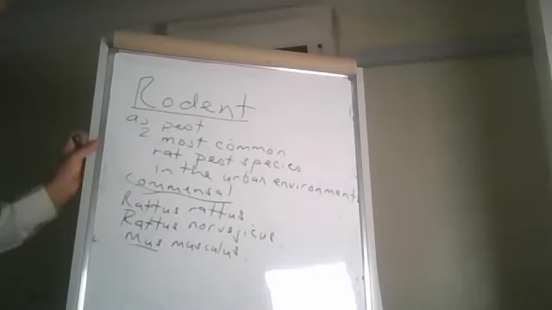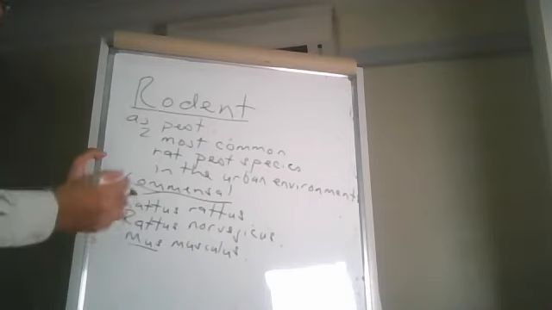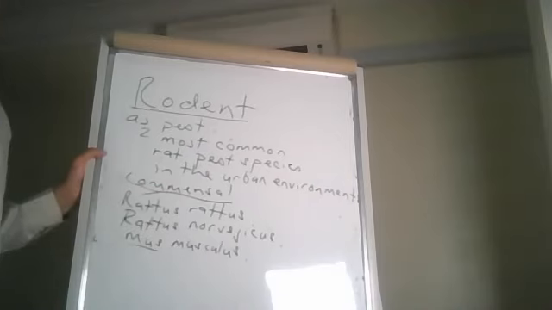But Mus musculus used to be common in Kuala Lumpur up until the 70s, but now it has disappeared. We put up traps at many areas around KL, but we have never caught a mouse for many years now, because it has been taken over by Rattus norvegicus.